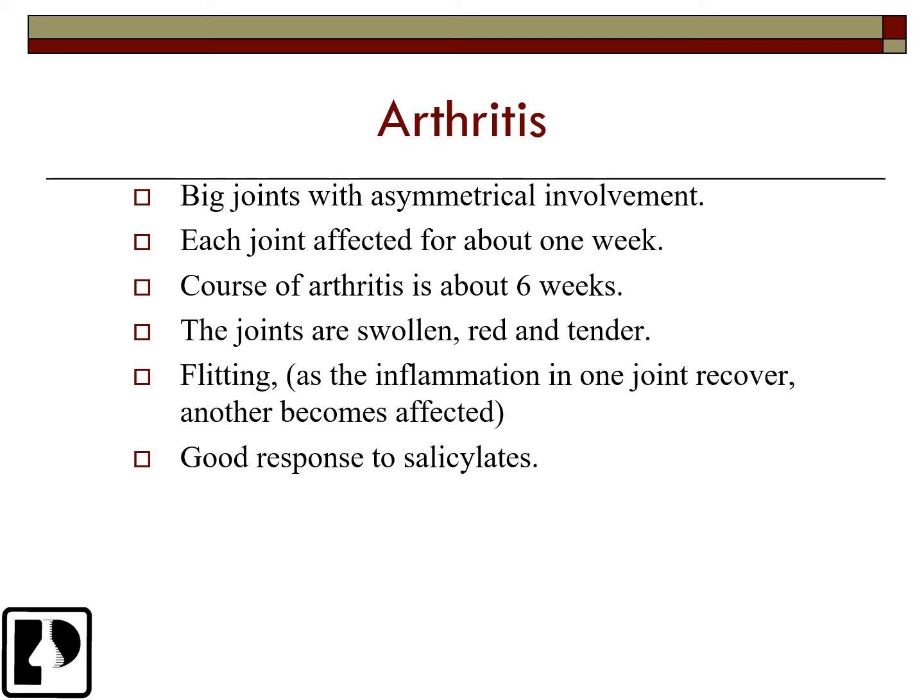Each joint is affected for 1 week and then resolves completely. Course of arthritis is about 6 weeks. The joints are swollen, red and tender. It is arthritis, meaning inflammation, so it's swollen and red and tender. Fleeting is a very important character of the arthritis, as the inflammation in one joint recovers and another joint becomes affected.